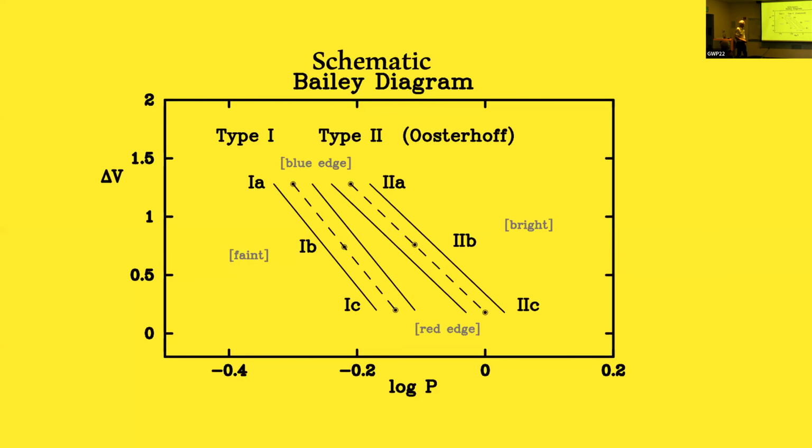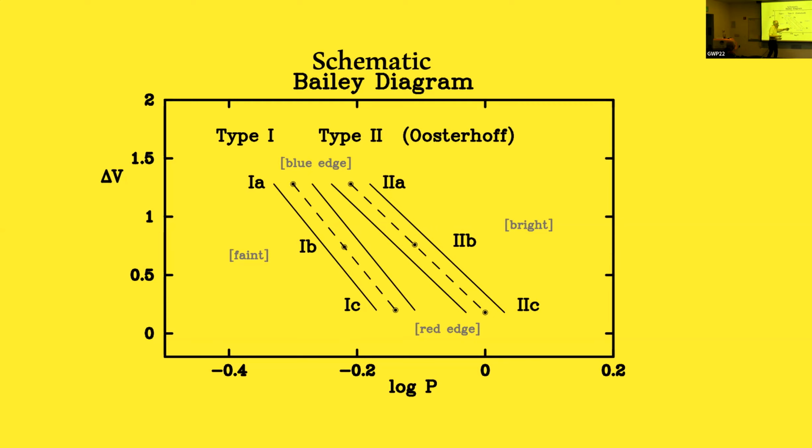Okay, so I want you to burn this into your memory. This is the Bailey diagram and the two Oosterhoff types, I and II, and I've just chunked off bits and pieces of this as you go down. And a little hint as to what's coming. This is the blue edge.